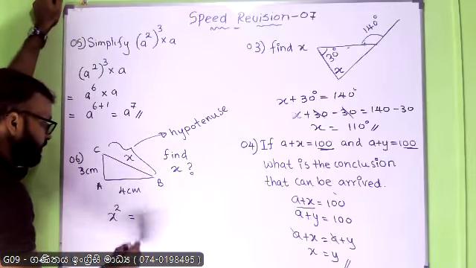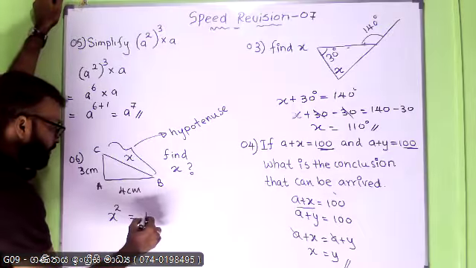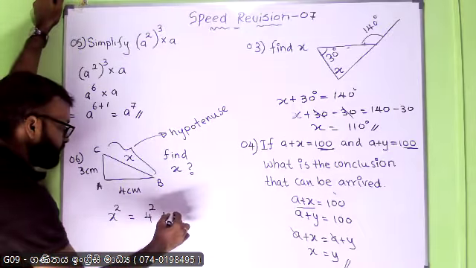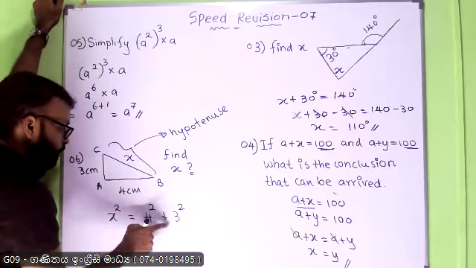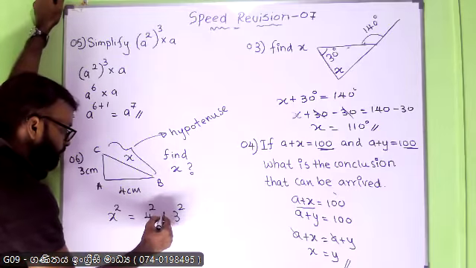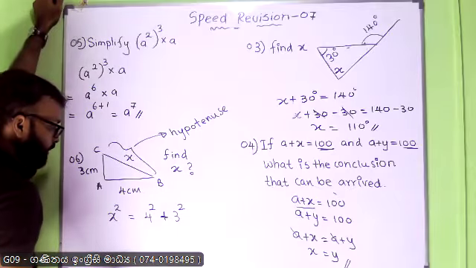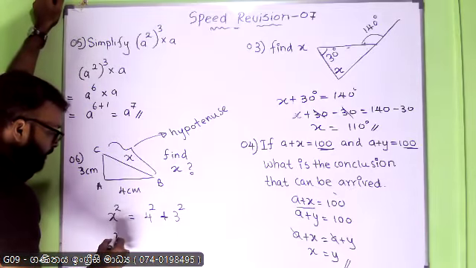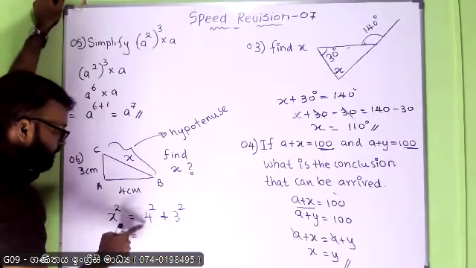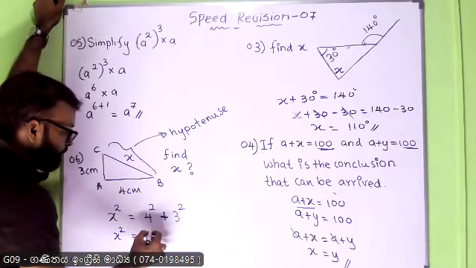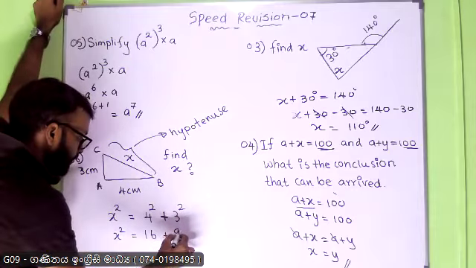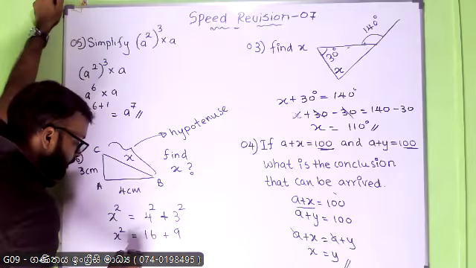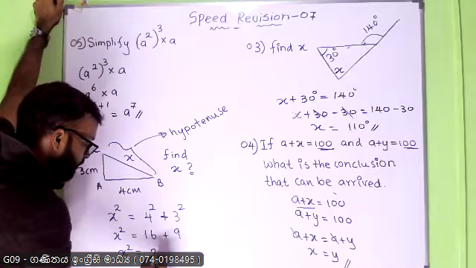So x squared equals 4 to the power 2 plus 3 to the power 2. Right? 16 plus 9. 4 to the power 2 means 4 times 4, 16, plus 3 times 3 means 9. So x squared equals 25.